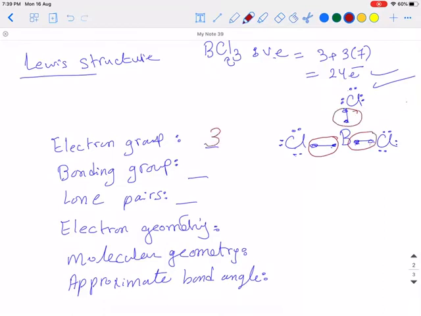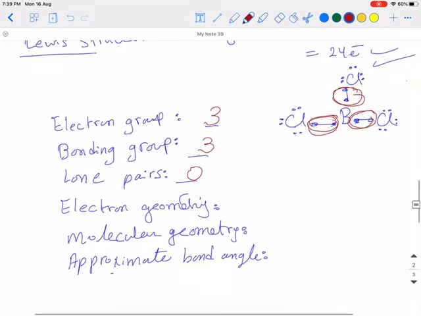So electron group is 3. Bonding electrons also 3. Lone pairs, no lone pairs on the boron, so 0. Okay, electron geometry. What is the electron geometry for this?